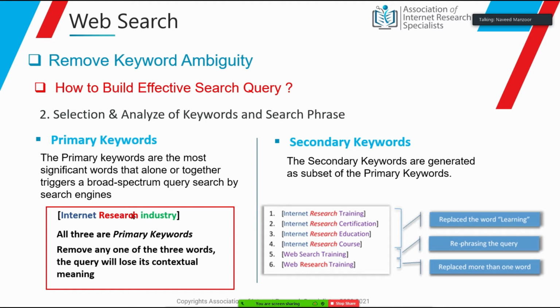We need to make this distinction, and we need to give instructions to others who are doing search for us. Let's suppose you are a program manager or someone who is responsible for handing out research to your colleagues or anyone in your staff or management. You still need to give them instructions, and one of those instructions would be to identify the primary keywords, so that those keywords would remain intact no matter what else you add to the search query.